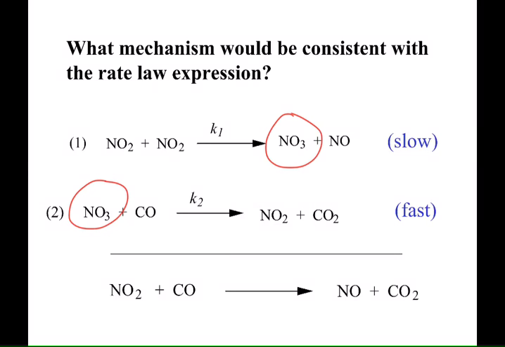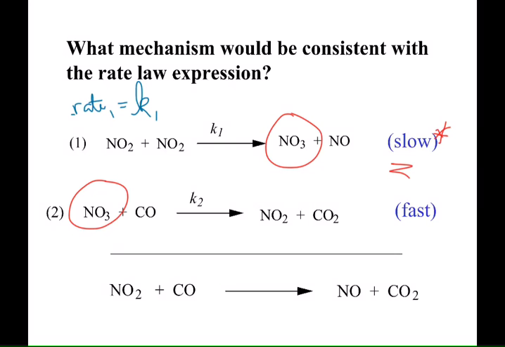So let's think through this. We can come up with little mini rate law expressions for these elementary steps. We're going to focus on the first one, because it's slow. That's our rate determining step. So we could come up with rate 1, meaning the rate for the first elementary step, and it's slow, is equal to K1, because it's the rate law constant for the first elementary step.